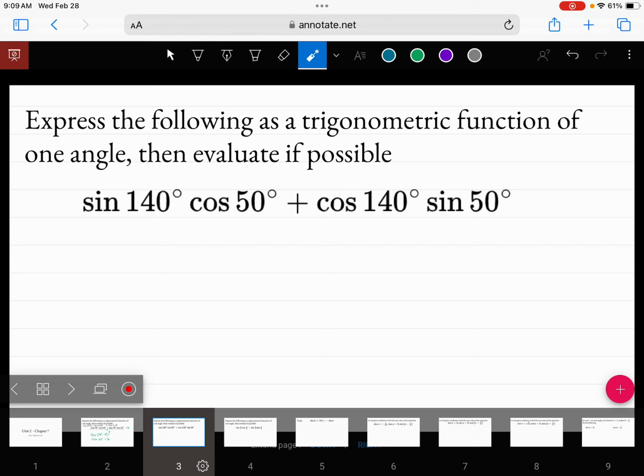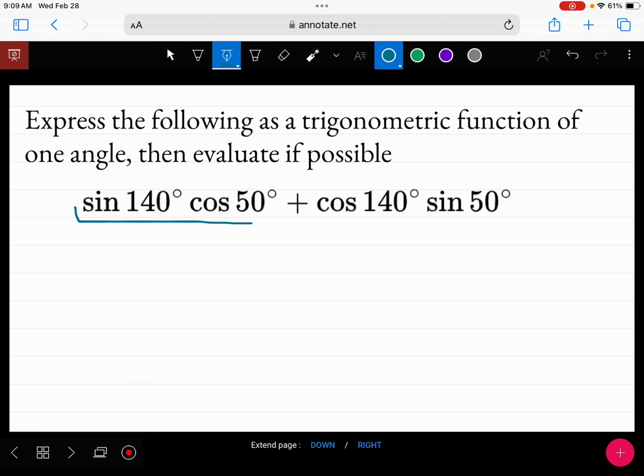And we're going to look at those formulas and see which trig function this matches for. Which one gives us each a sine and a cosine and uses a plus, because this is sine alpha cosine beta, cosine alpha sine beta.